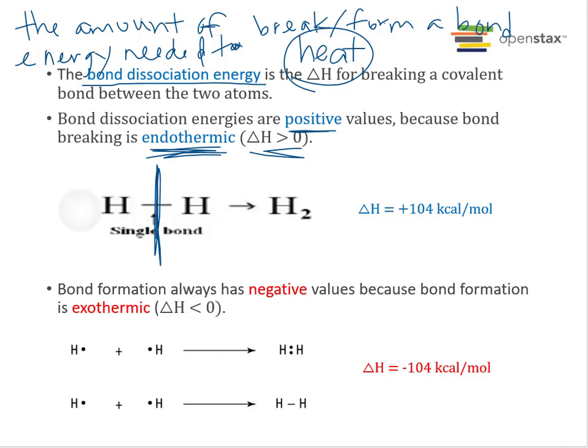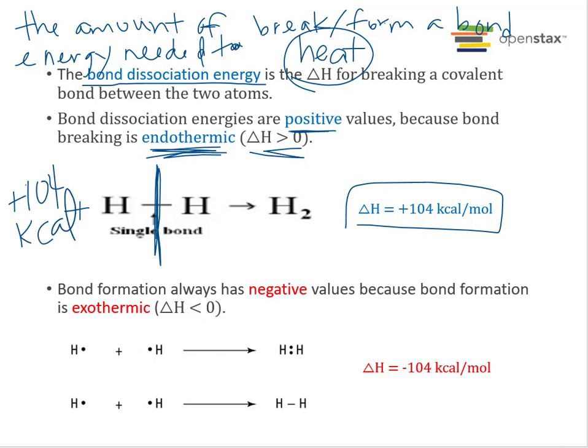Because endothermic means I need to have energy on this side, and it tells me that the delta H is positive 104 kilocalories. So it's going to take, on my reactant side, 104 kilocalories of energy to break that bond, to have 2 atoms of hydrogen in my product.